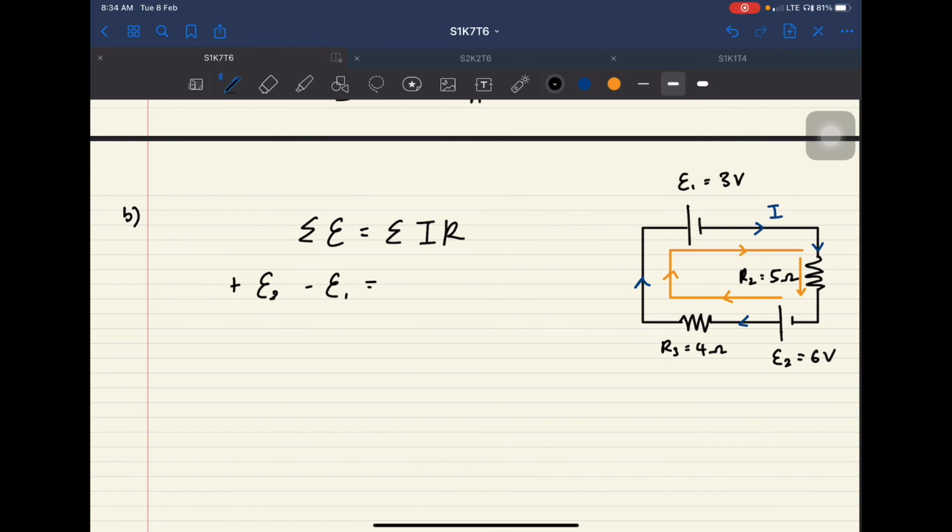Now you're left with two resistors, R2 and R3. We have the same current because there's no junction. Since the direction of loop and current across the resistors are the same, these two are positive.